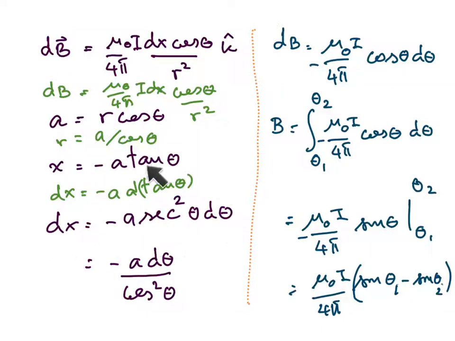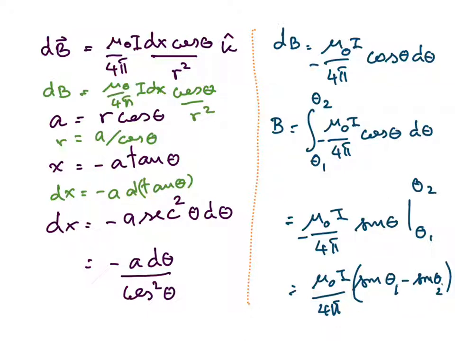You can see this, or I think you already learned this from your calculus course. So dx is equal to minus a sec squared theta d theta, and since the sec function is the reciprocal of the cosine function, we have that dx is equal to minus a d theta over cos squared theta.